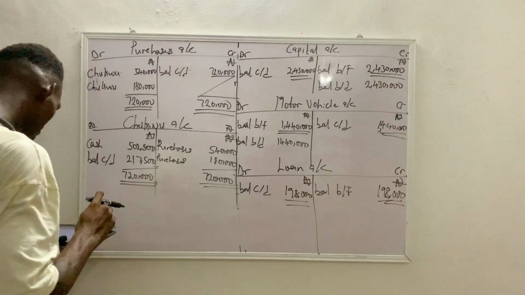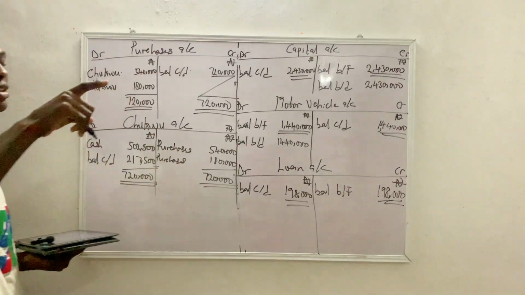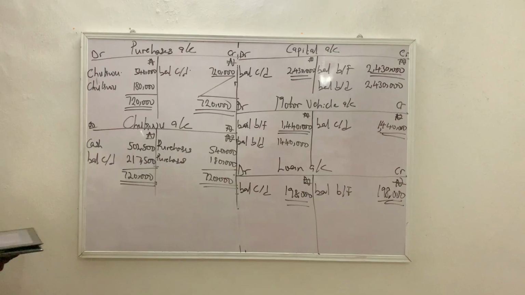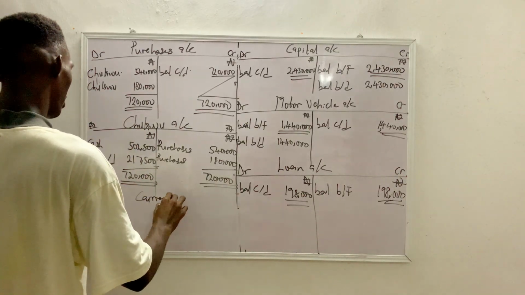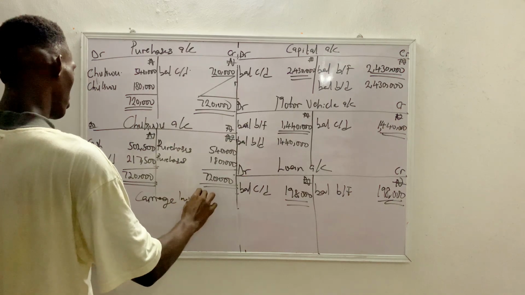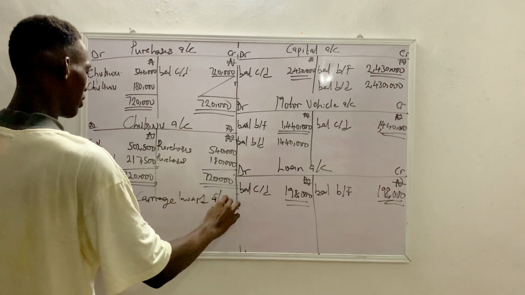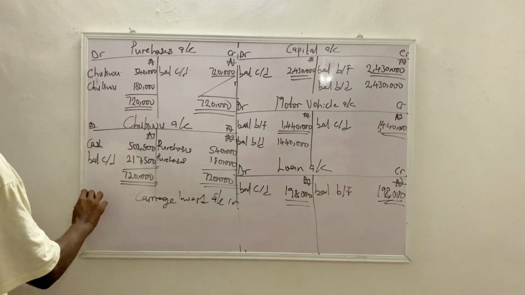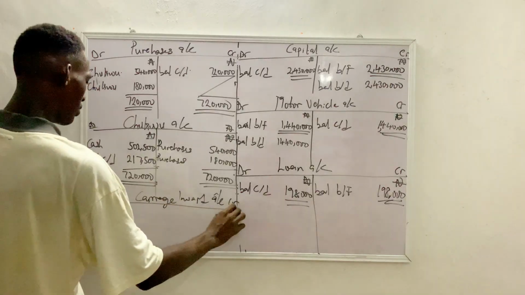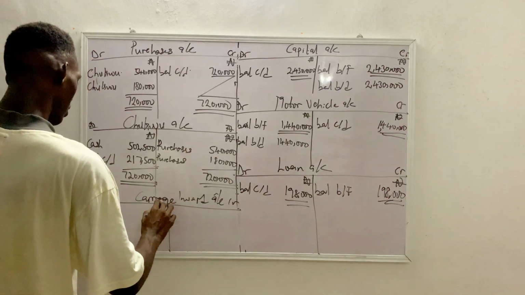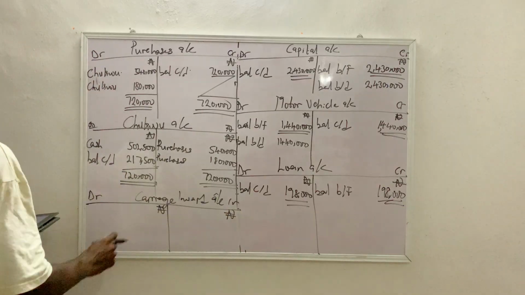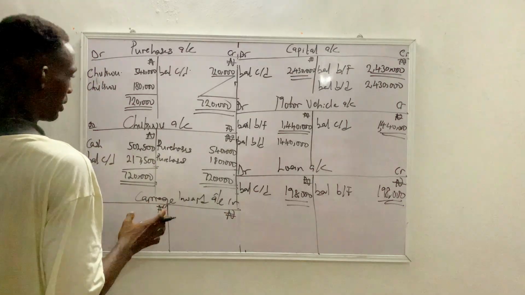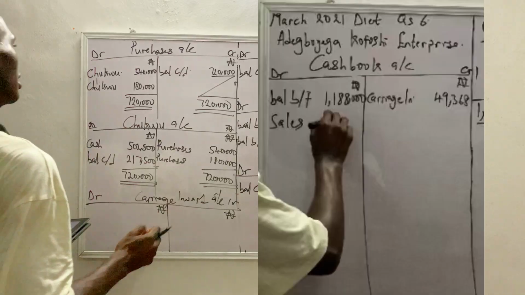Then we can now move to what? Carriage inward account. That is in our cash book. In our cash book, there's an account where we did carriage inward account, credit, debit. So carriage inward is an expense, falls under general ledger.